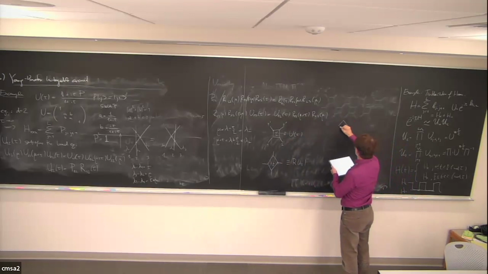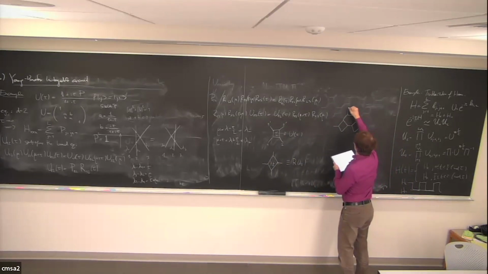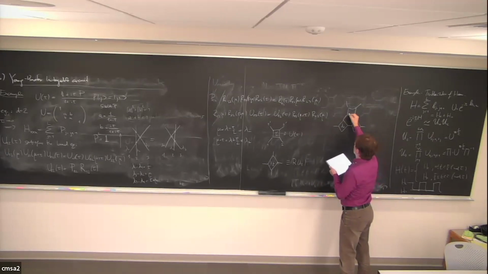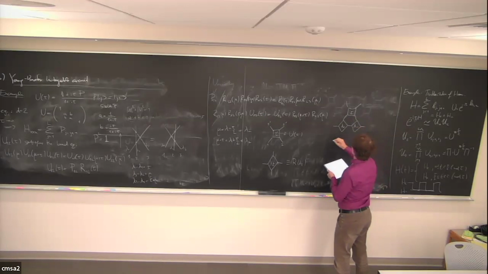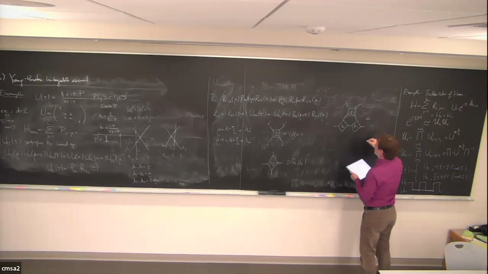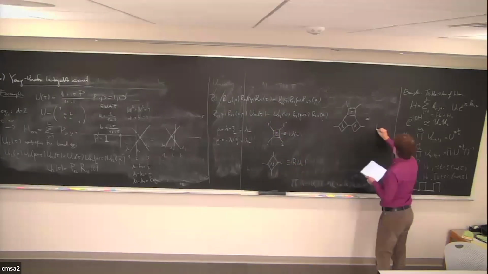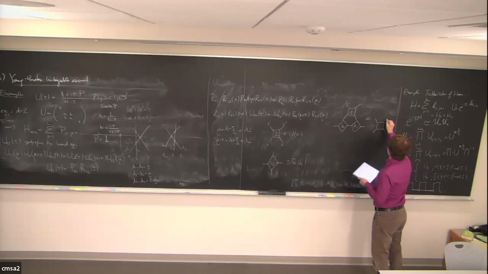We have two diamonds like this, and then we have this. So this is lambda plus, lambda minus, and this is tau. And this is equal to this guy, which starts from below with the time evolution, and then we do this.